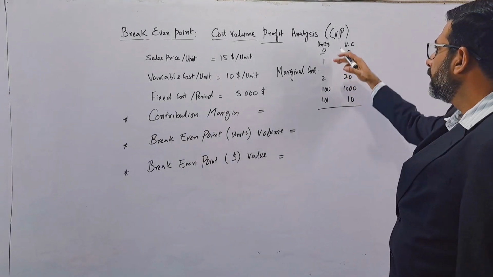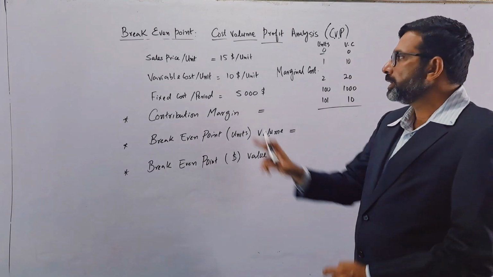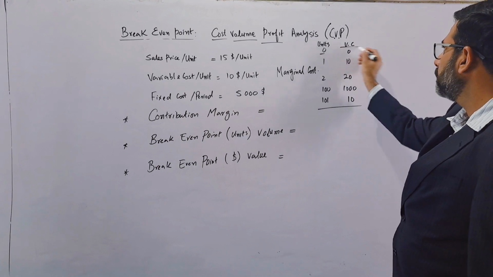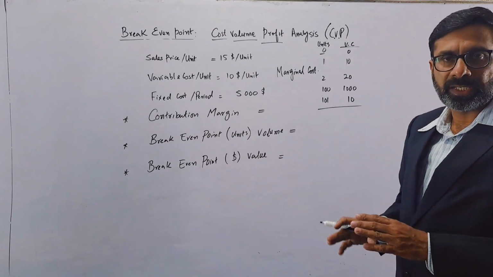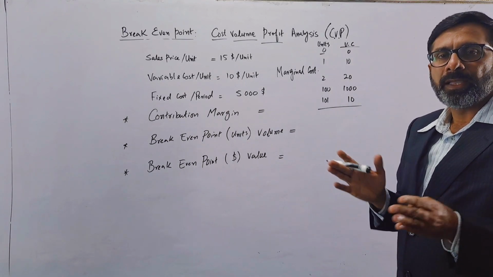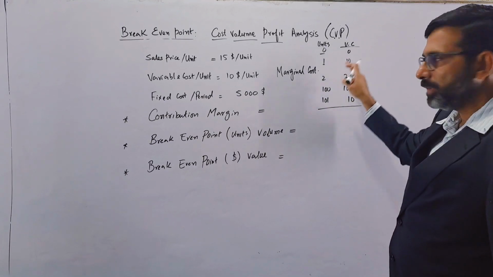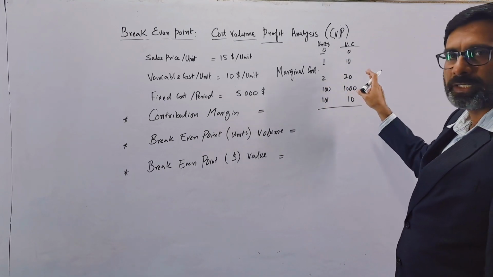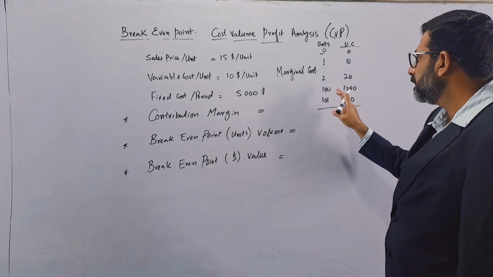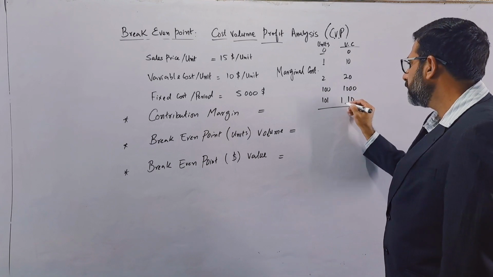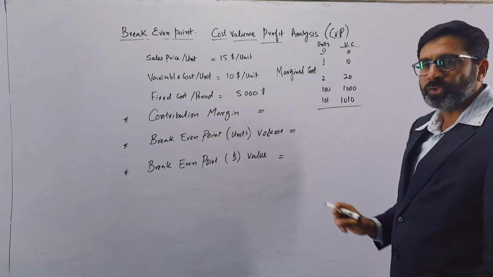With 0 units produced, the total variable cost is 0, because they are not producing anything; it is variable, changing with the activity. If they produce only 1 unit, it is $10. If they produce 2 units, it is $20. If they produce 100 units, it will be $1,000, and if they produce 101 units, it is $1,010.